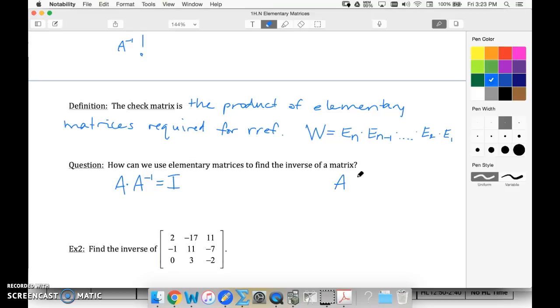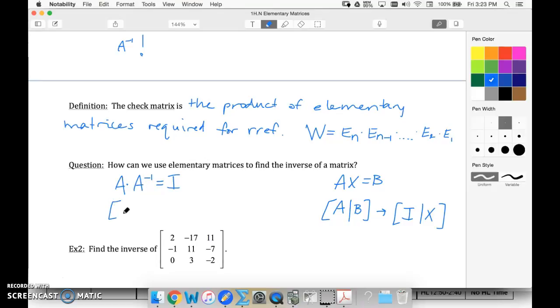This is similar to our AX equals B. So if we were going to solve this, one way that we would solve it is we would create the augmented matrix AB, and then we would do reduced row echelon form until we had the identity and our solution. So we're going to have a similar idea here. We're trying to find this A inverse. We don't know what it is.